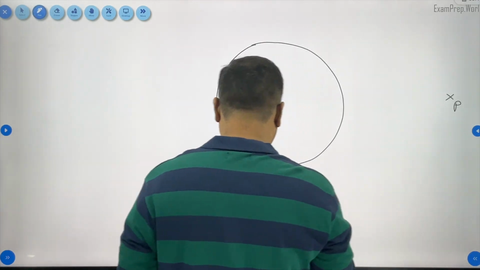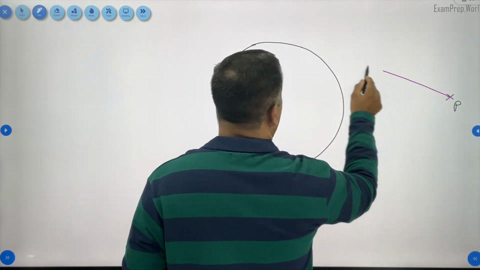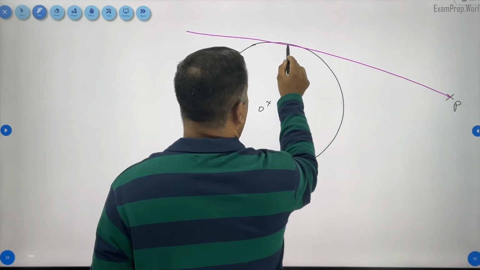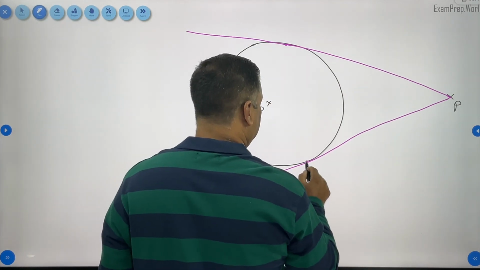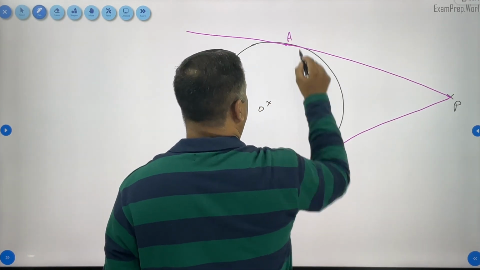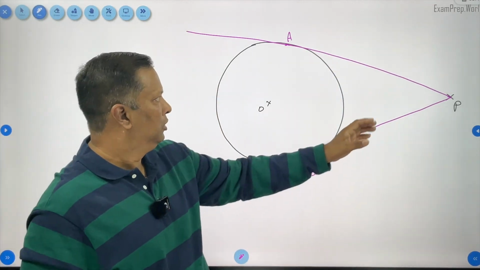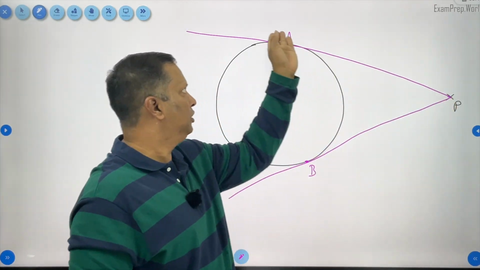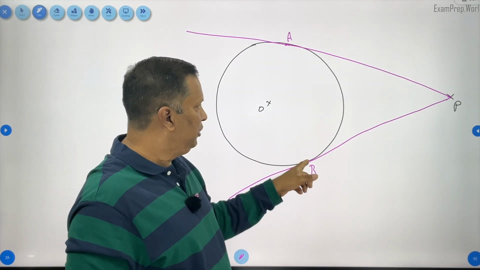So let me draw those two tangents, touching at one point each. So PA and PB. My drawing is not so precise, but these are two tangents starting from P to the circle. A is the point where the circle is touching this line, and B is another point.